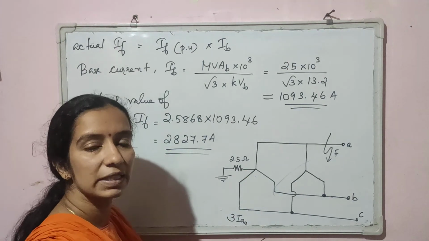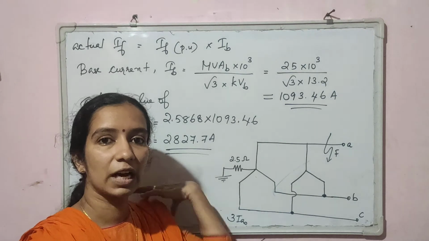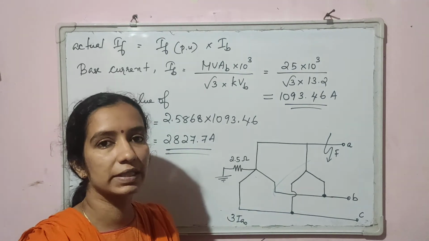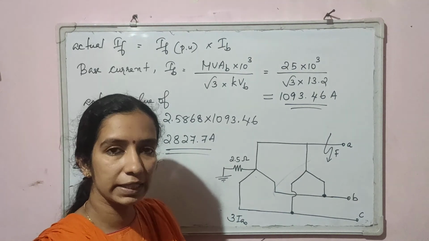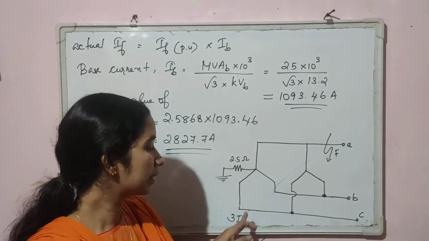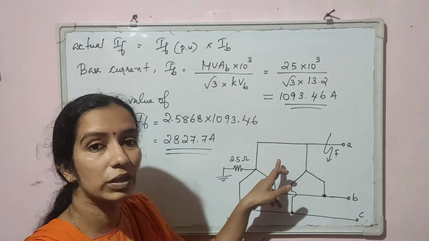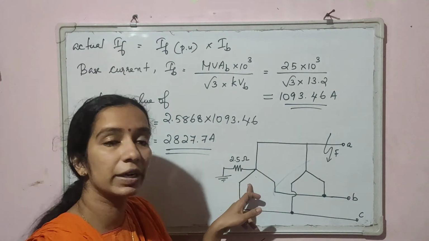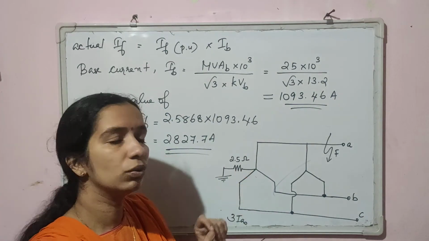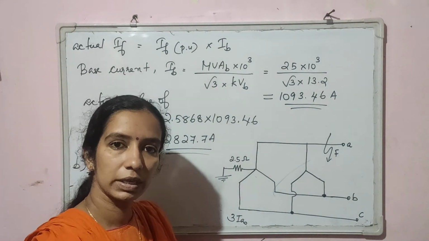This is the case of a generator. We have studied how to draw the sequence network of a generator, and there we have seen that the current flowing through the neutral is 3 times IA0, because all the zero sequence phase currents IA0, IB0 and IC0 flow through the neutral, and IA0 equal to IB0 equal to IC0.